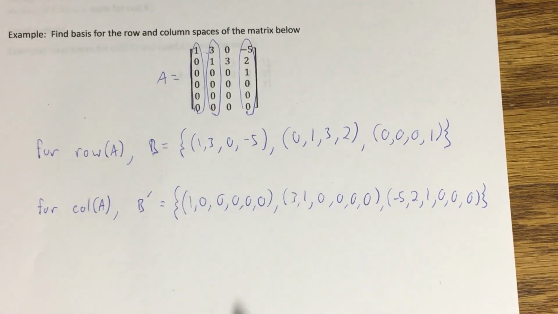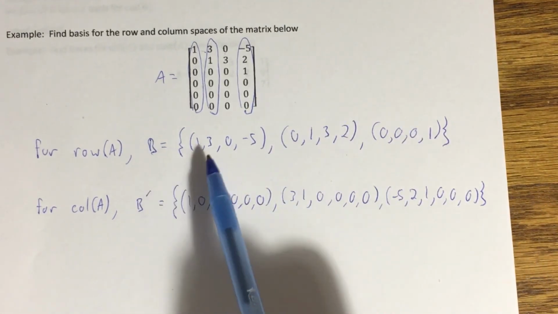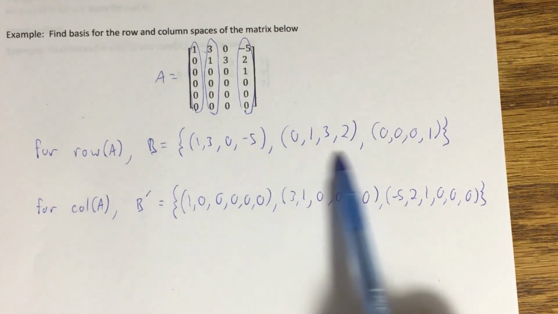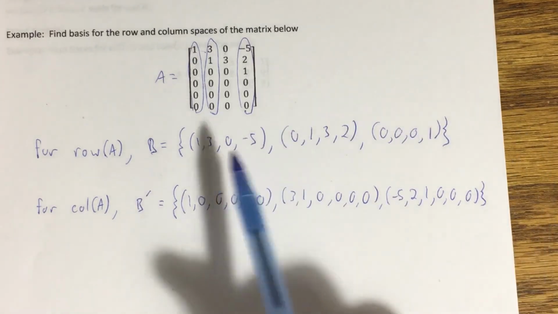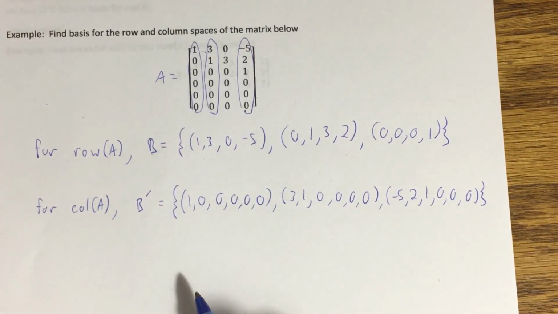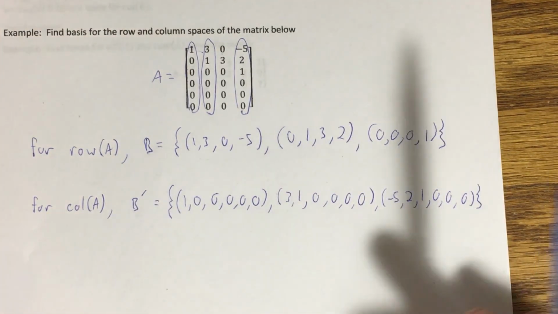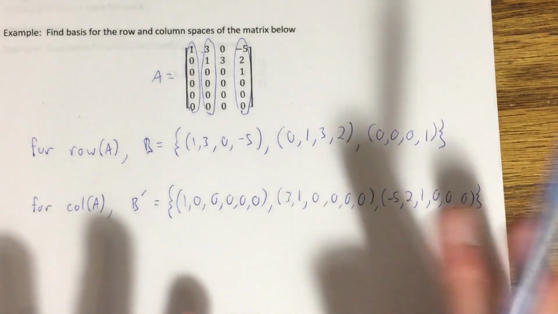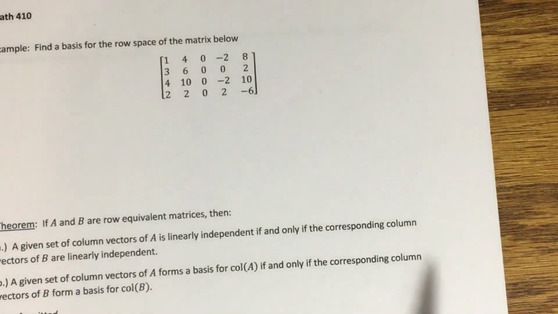So these are 2 completely different spaces, but it is interesting to note that both of these 2 spaces have the same number of vectors in their basis. And the reason for that is because both of them rely on the number of leading 1s in this matrix. So that's going to be something important in the next section, 4.9. We're going to explore that a little bit, but that's not too difficult. Let's go ahead and move on to the next part here.